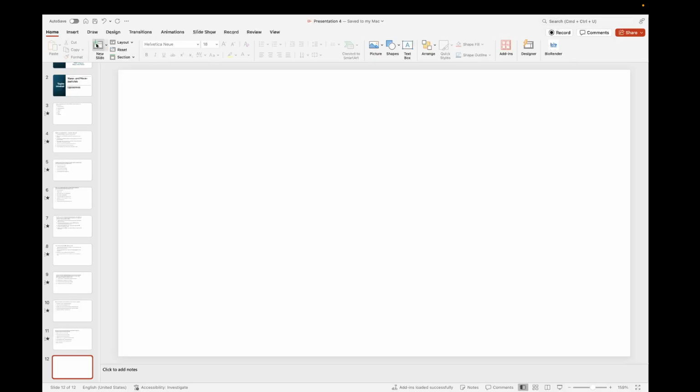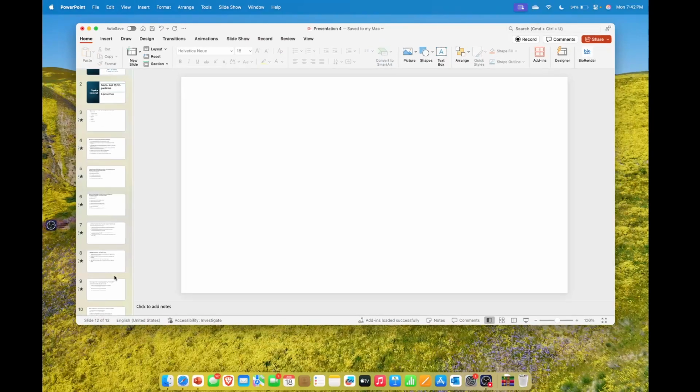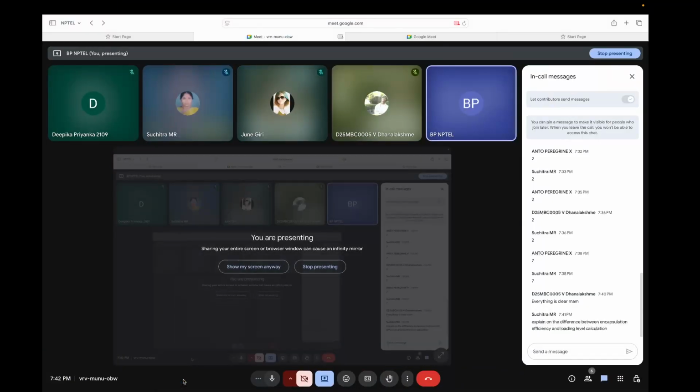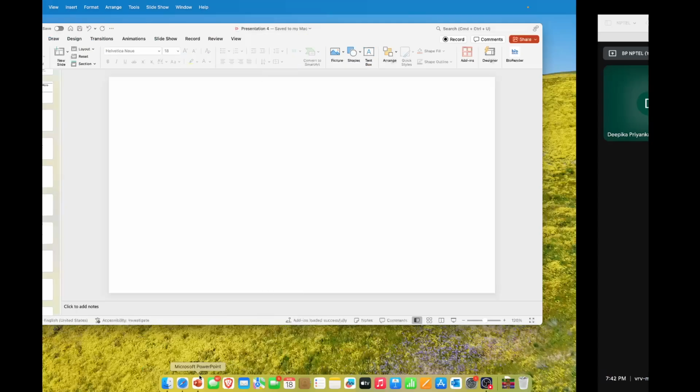But loading amount is basically how much amount of drug is retained as compared to the amount of polymeric particles. Okay, I am not sure if that is clear. I'll try to give one example.